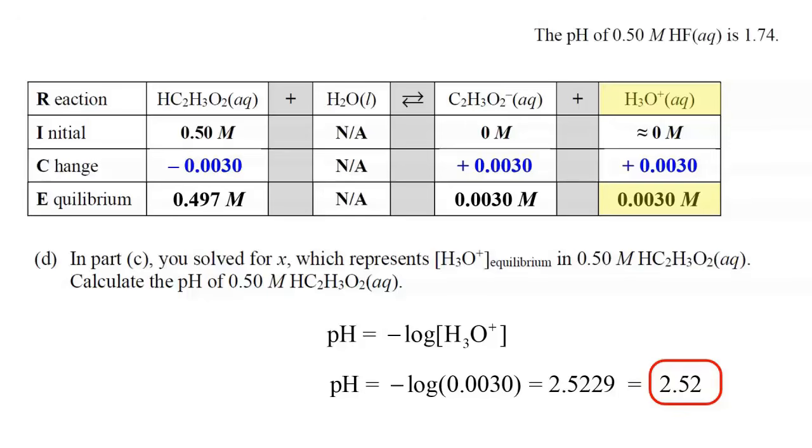Recall that in question 14, we were told that the pH of the 0.50 molar hydrofluoric acid was 1.74, and now we have just determined that the pH of 0.50 molar acetic acid is 2.52. So our prediction did come true in that because acetic acid had a lower Ka value and was a weaker acid, its pH was going to be higher. So that prediction did come true.